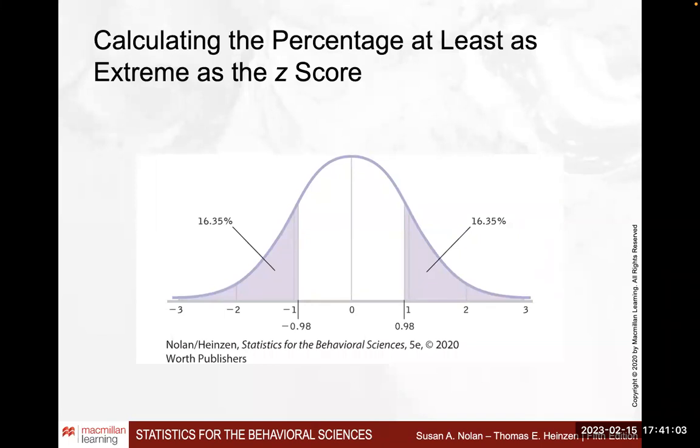So now I want to know what is more extreme than these two thresholds of minus 0.98 z-score or plus 0.98 z-score. And that I do by calculating 100% minus 67.3.